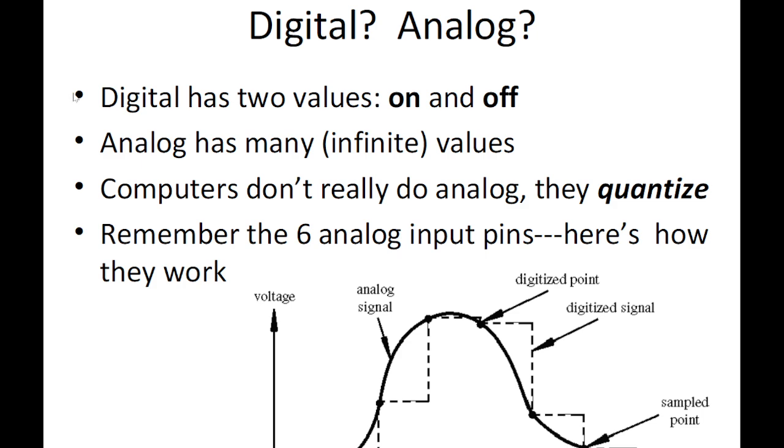If this is my voltage level 0, then the 1 will be high here. So this is my voltage level 1. So digital only has two values, 0 voltage level and 1 voltage level.